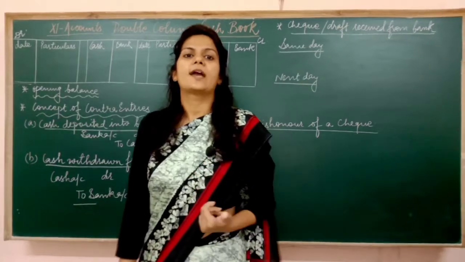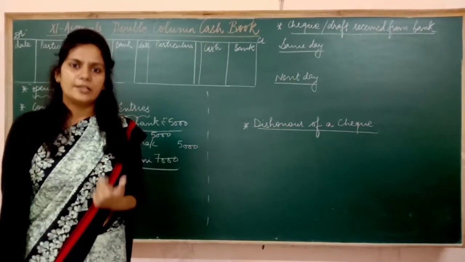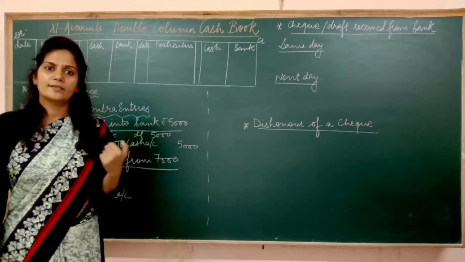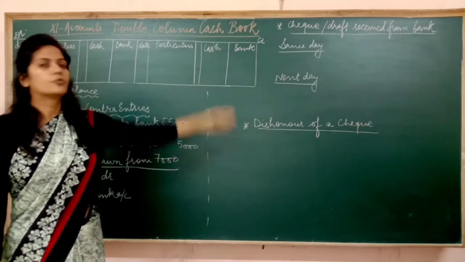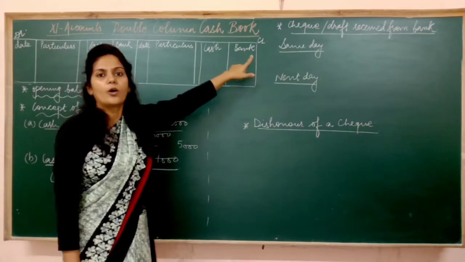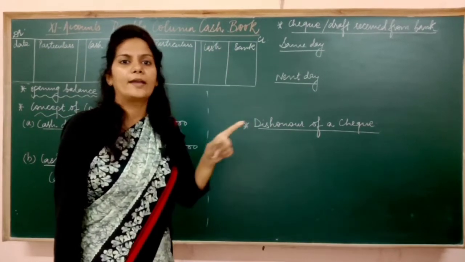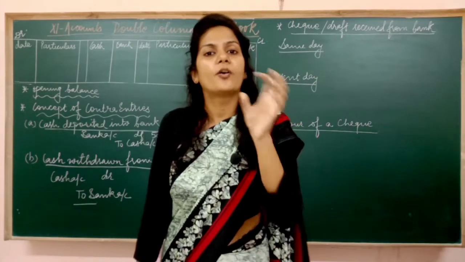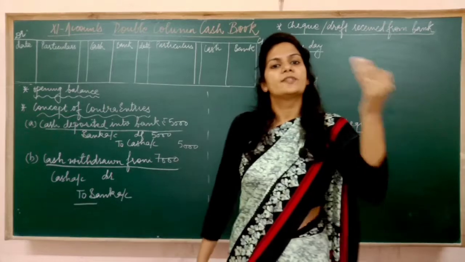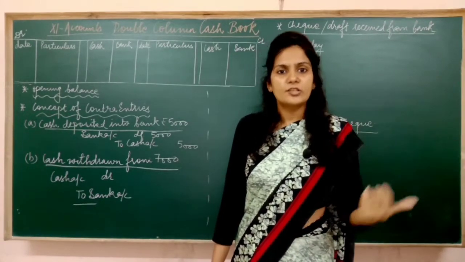That's why in the cash book you have made one additional column. Earlier you were having only one column, that is cash. Now you have added one more column, that is bank. This bank column represents all the banking transactions which your business has done. Banking transactions means like you have received a check, you have issued a check.